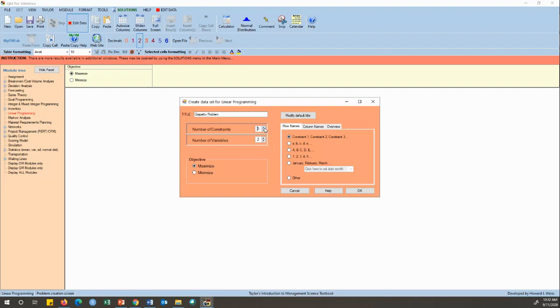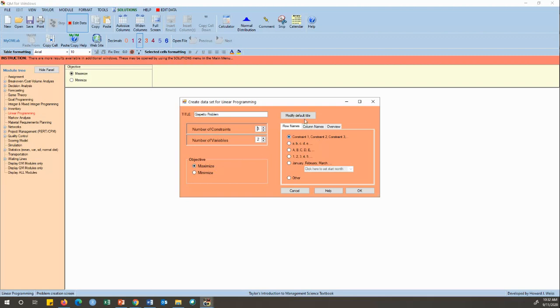You have x1 and x2. Your x1 is for soldier wood, and your x2 is for train wood. So number of variables is 2, just leave it as it is. You want to maximize your production of soldier wood and train, so for your objective function, put in maximize.